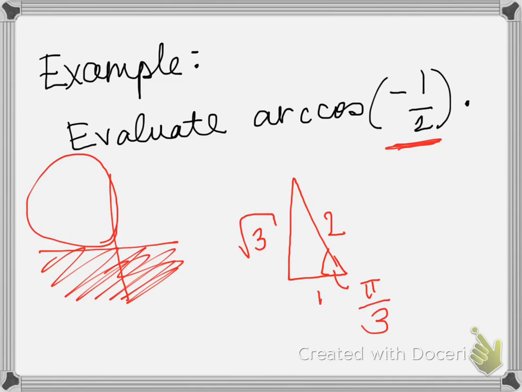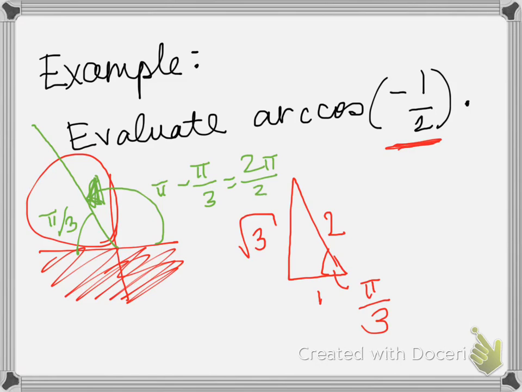Okay, which means that I would have this angle here, and that would be pi over 3, which means that this angle, which is the one we're looking for, is going to be pi minus pi over 3, which is 2 pi over 3.